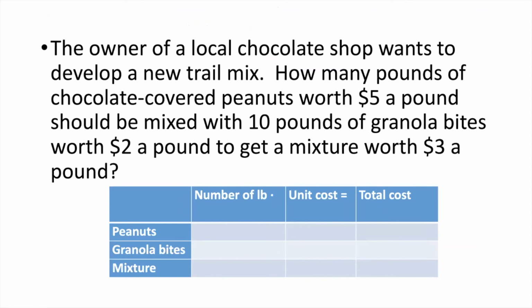The owner of a local chocolate shop wants to develop a new trail mix. How many pounds of chocolate-covered peanuts worth $5 a pound should be mixed with 10 pounds of granola bites worth $2 a pound to get a mixture that is worth $3 a pound? All right, so I've got this all written out on the tablet, so let's go over there one last time.